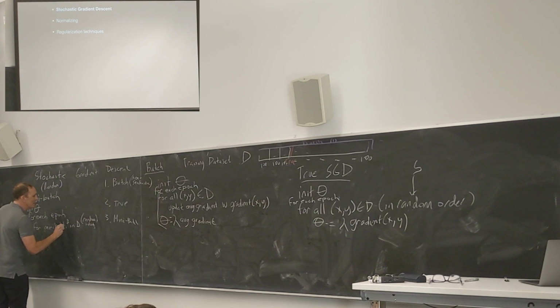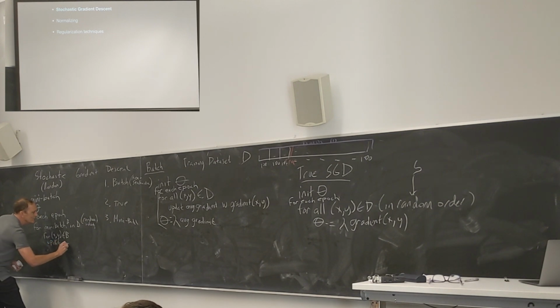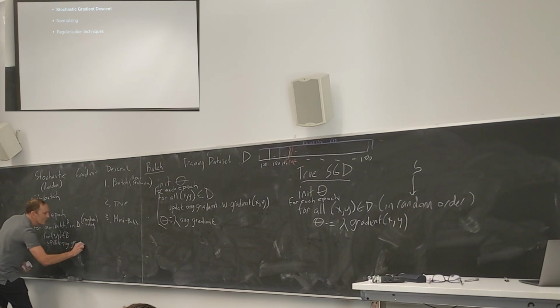So this is, let's say, mini batch B, and then we do the same thing. For x, y in B, update the average gradient.